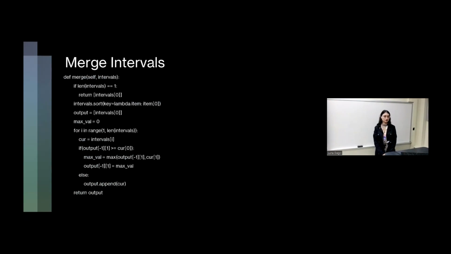So this was my own solution, so there might be way better ways to solve this. If we have only one interval, we basically just return that. Then we sort it based on the first position in the interval, so that it's easier to find out what is overlapping or not. Then we initialize our output.